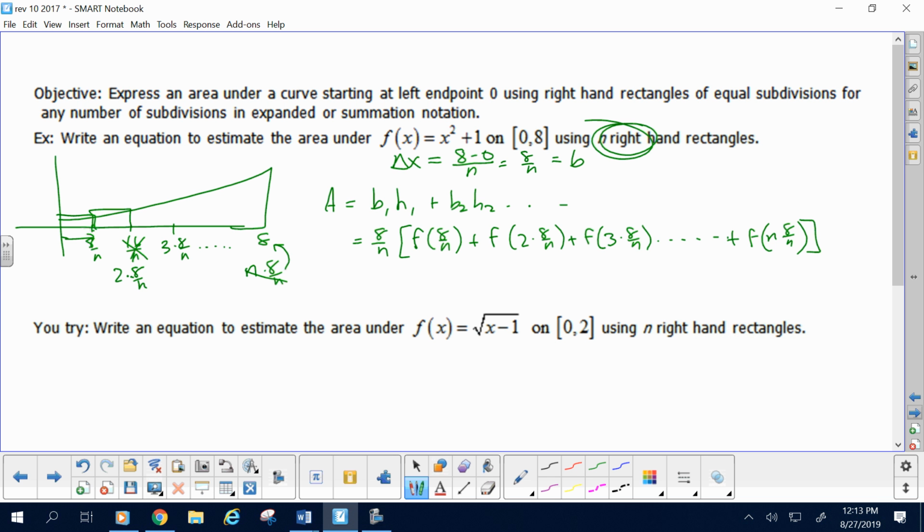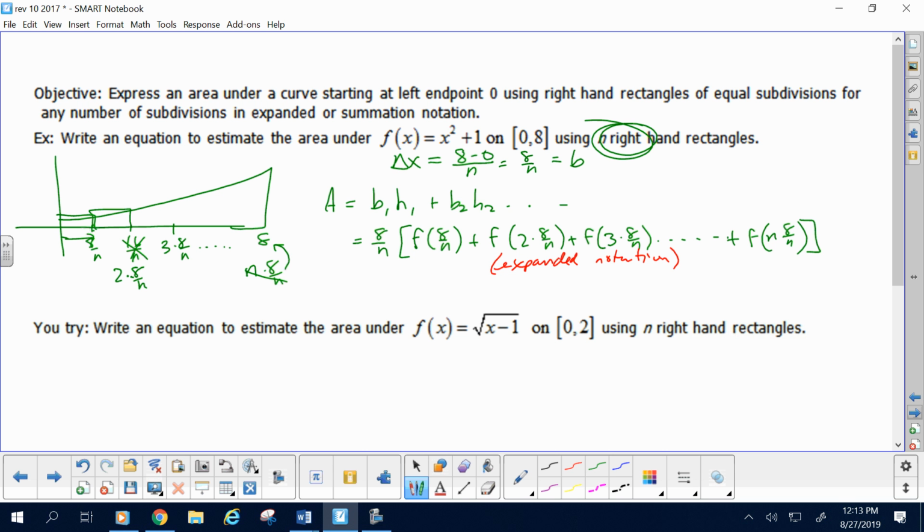Now then, that's an equation to estimate the area under x squared plus 1. I guess I could put in the function. We could do that, but we'll leave it. But it says I want to do this also with summation notation. This is called expanded form or expanded notation.